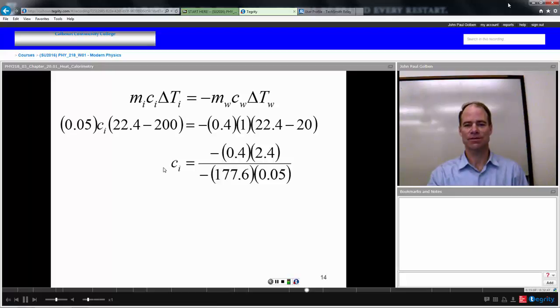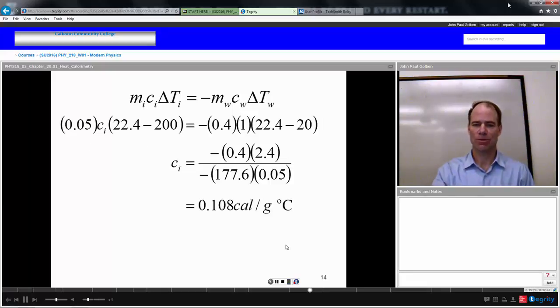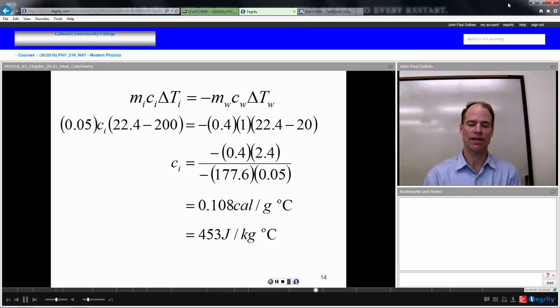Solving this for the specific heat of the ingot, we divide both sides by this negative 177.6 times 0.05, and we get that the specific heat of the ingot, in calories per gram per degree Celsius because that's what we used for the water, is 0.108 calories per gram per degree Celsius, or 453 joules per kilogram per degree Celsius. We'd have to multiply the 0.108 by 4,186.